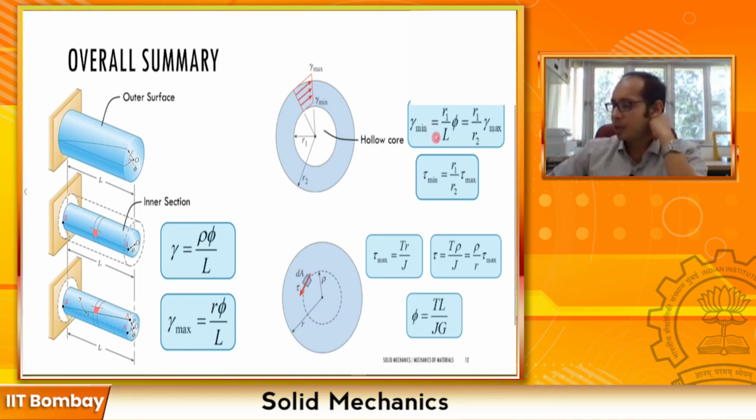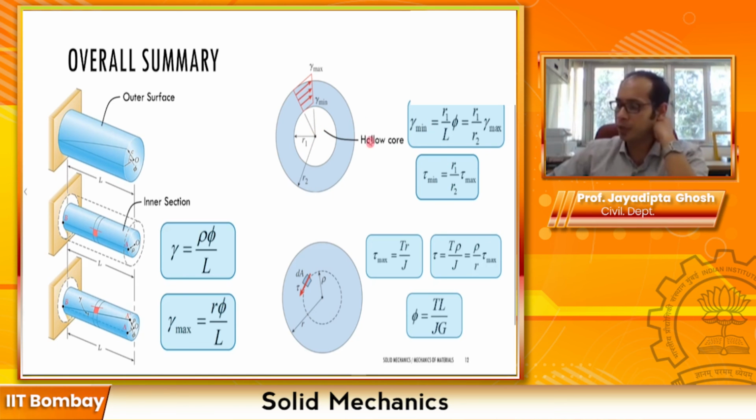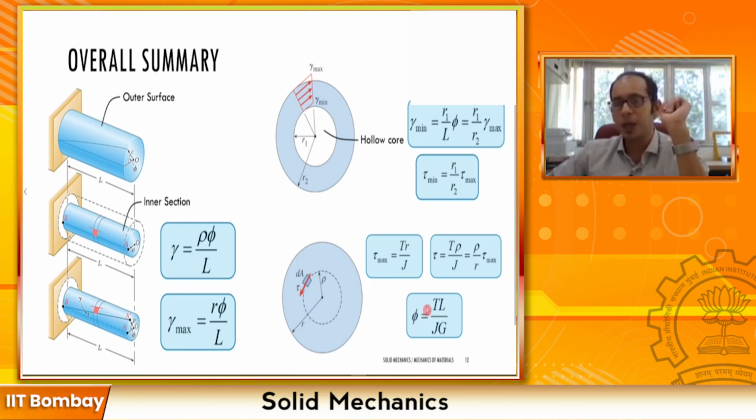We derived this relationship for the hollow shaft or hollow tubes where you have no material over here, how the gamma min is related to the gamma max and how the tau min is related to the tau max. And last, we looked at the torsion formula, which gives you a one-to-one correspondence between the angle of twist phi, applied torque T, and the length of the shaft divided by the polar moment of inertia times the shear modulus G, right?